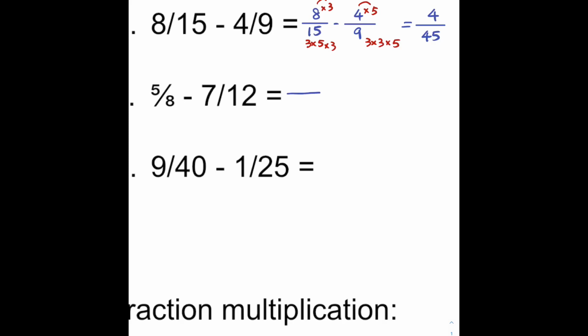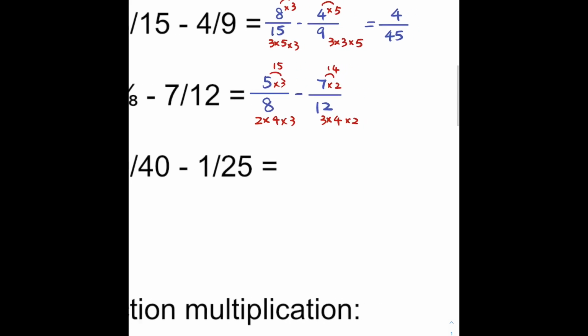This one we write 5 over 8 minus 7 over 12. So we rewrite into 2 times 4, 3 times 4, times 3, times 2, 15, 14.